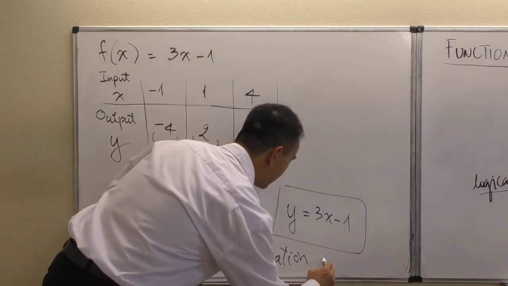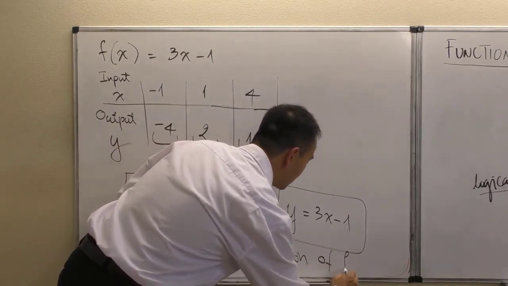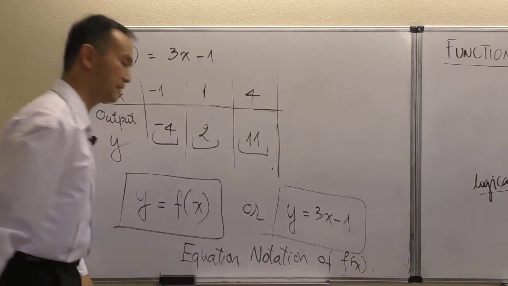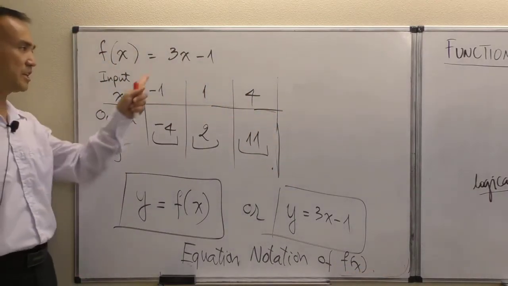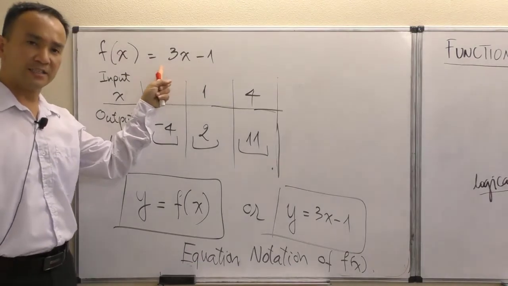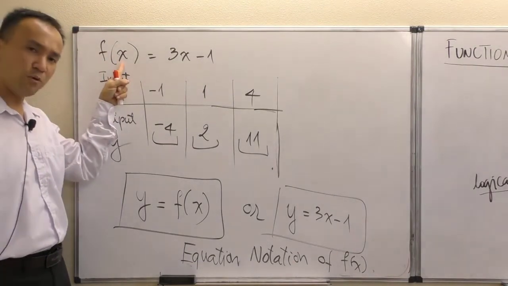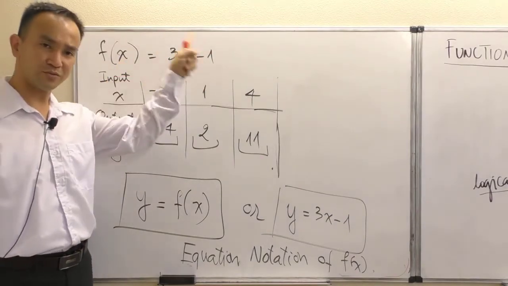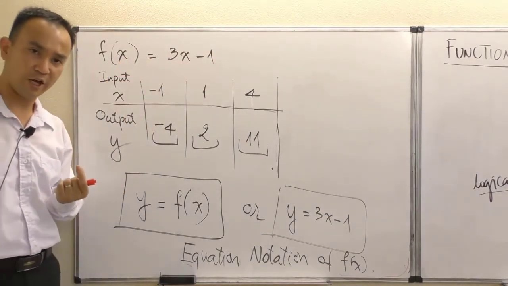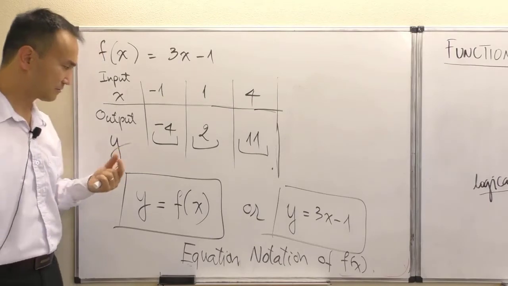The equation notation of the function f of x. It's just so you have seen the formal, standard notation: function's name, input indicator, and then the rule that helps us determine the output.